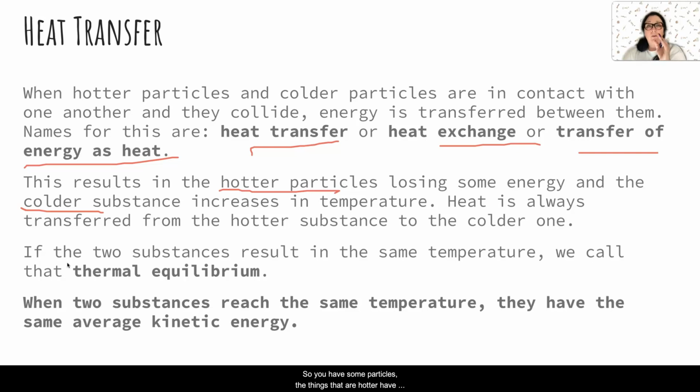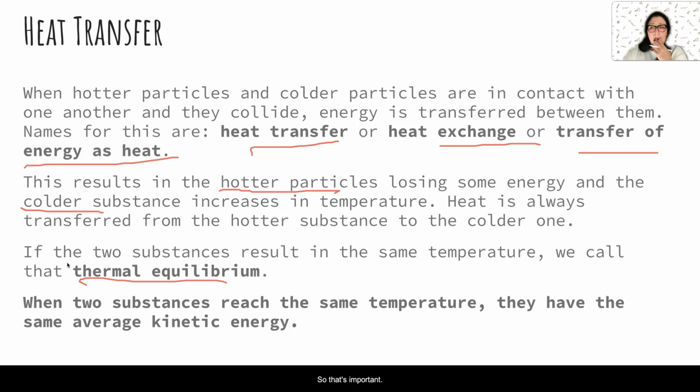The things that are hotter have more energy, right? So you have higher energy and lower energy. Heat and energy transfer goes from high to low, and that's the only direction it goes in. It's one direction, from high energy to low energy, from hot to cold. And as long as they stay in contact with each other or in the same container, they're going to do that until they reach thermal equilibrium, until they're the same temperature.